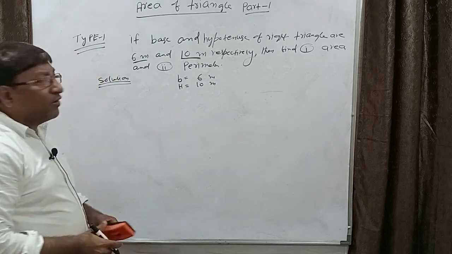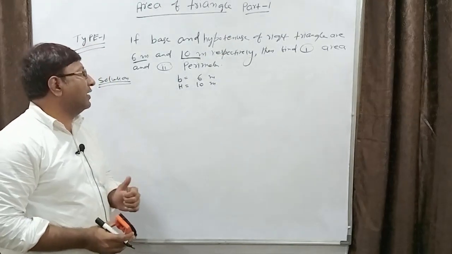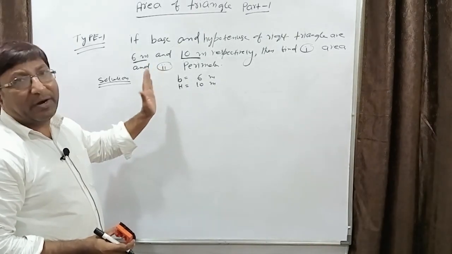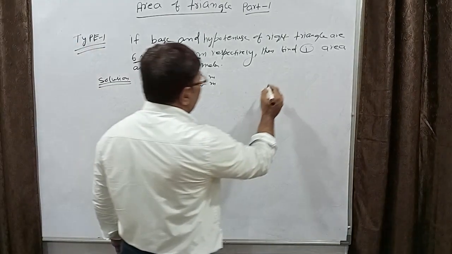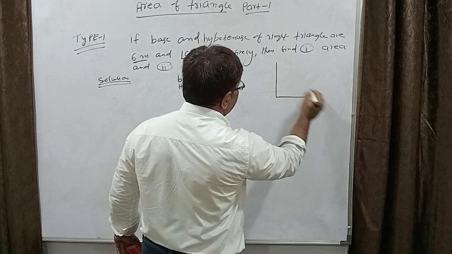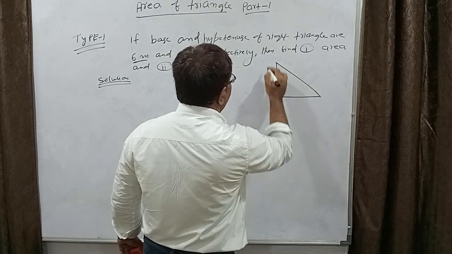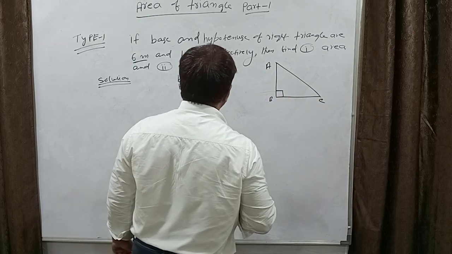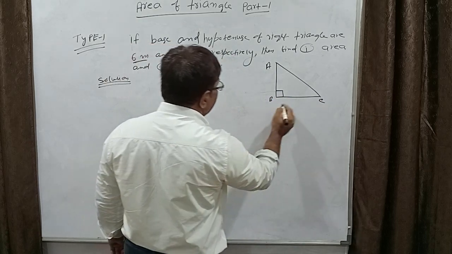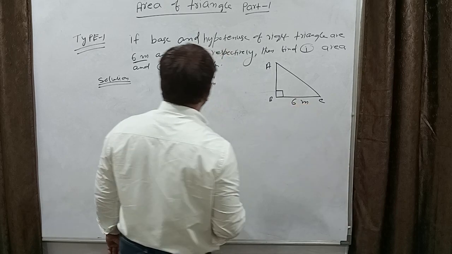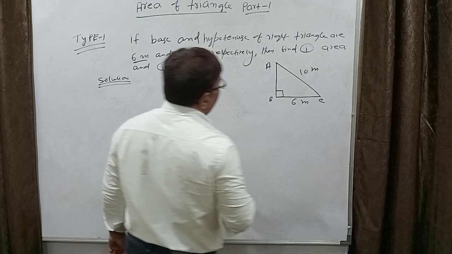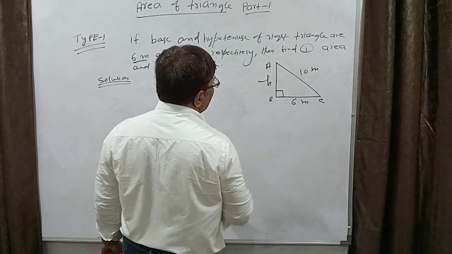And we need the area. Area is half base into height. Here height is not given, so first of all you find the height. You know from the figure, suppose this is the right triangle, this is A, this is B, this is C and this is 90 degrees. Here the base is given as 6 meter, the hypotenuse is given as 10 meter, and this is h, which is not given.